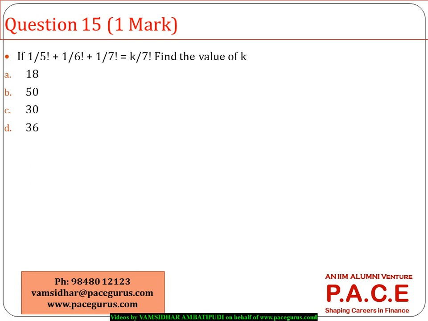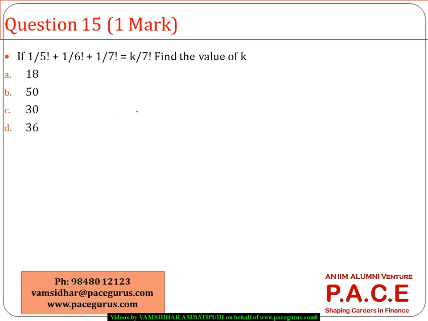Okay, an interesting piece. If 1 by 5 factorial plus 1 by 6 factorial plus 1 by 7 factorial is equal to k by 7 factorial. So basically I'm trying to express all of them in the form of divided by 7 factorial.